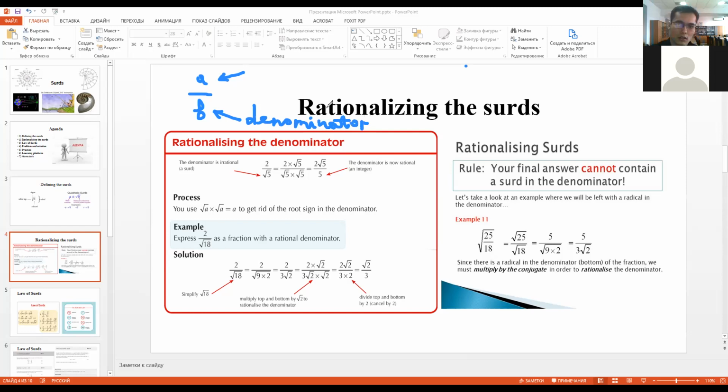And a is called the numerator. So here, rationalizing the denominator means rationalizing the surd, you know?